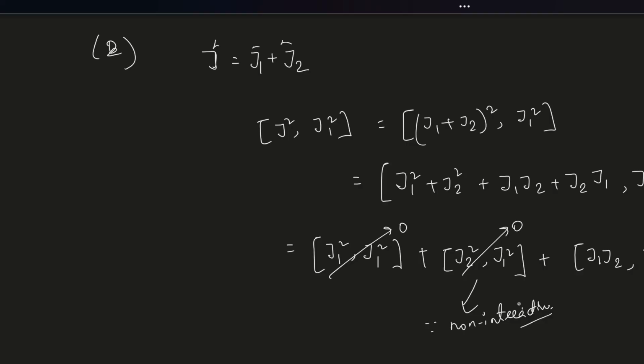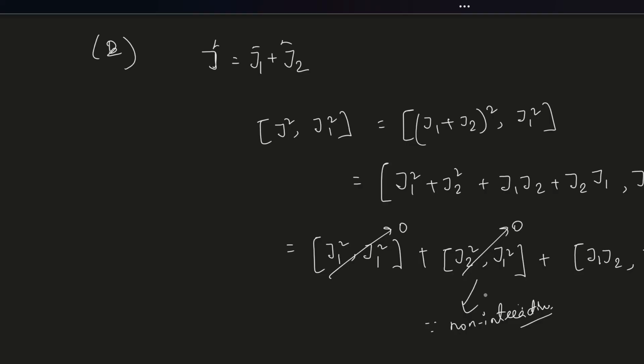So J1 square. Yes, there is no commutator bracket relation with this J1 and J2 also, because they are non-interactive with each other, so with respect to one, the other will be like a constant.